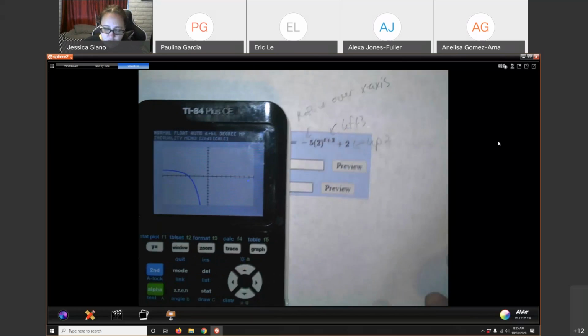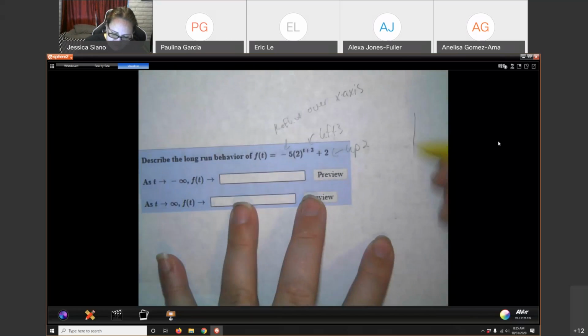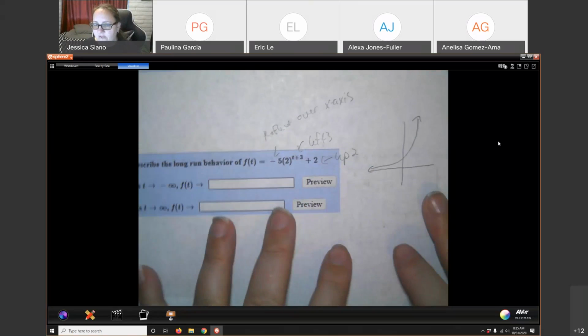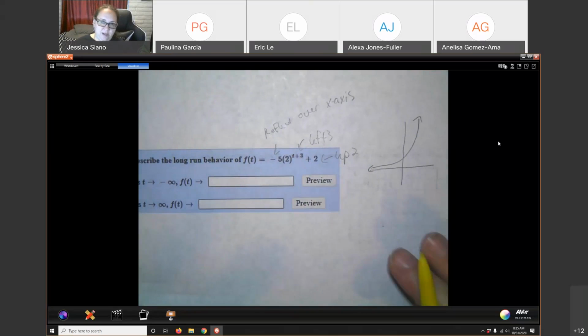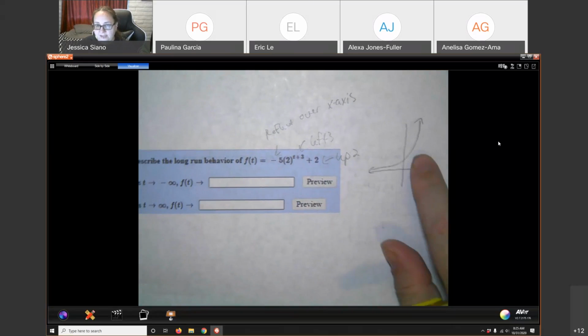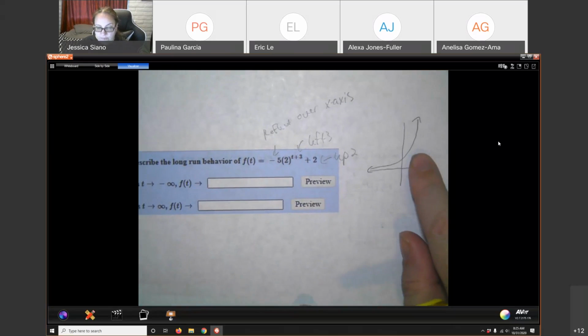So our normal shape for these looks like this. That's the basic shape of an exponential function. Just like you know that the basic shape of a quadratic is a parabola, the basic shape of a linear function is a line. This curve is the basic shape of an exponential.